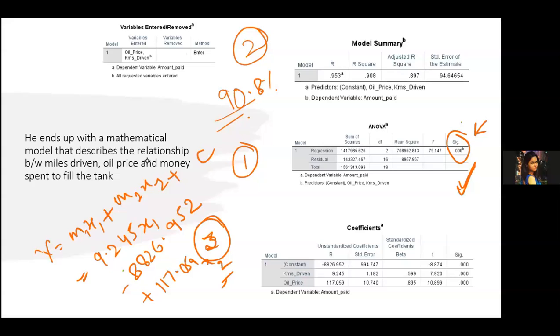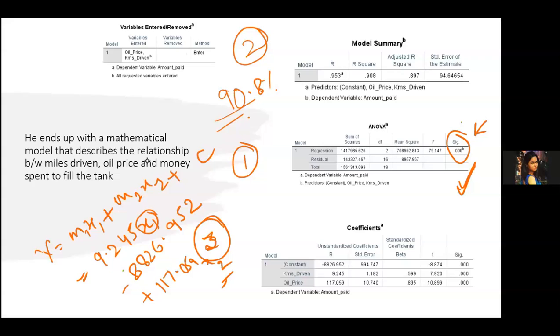And if you get the numbers for x1 and x2, kilometers driven कितना है, and oil price, say kilometers driven is, हम स्पीति जा रहे हैं तो 800 kilometers driven, so we can put x1 के जगह value what value we can put here? 800.